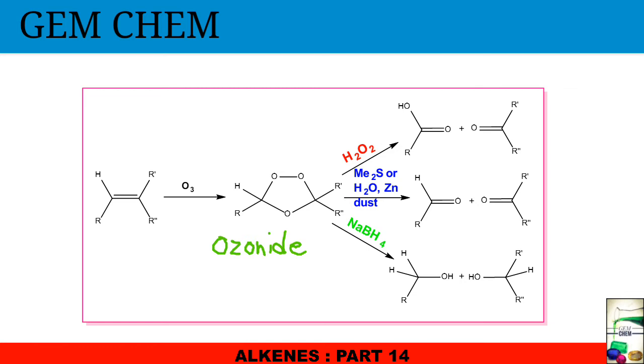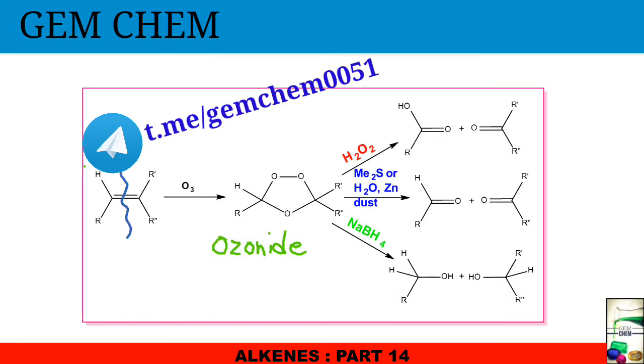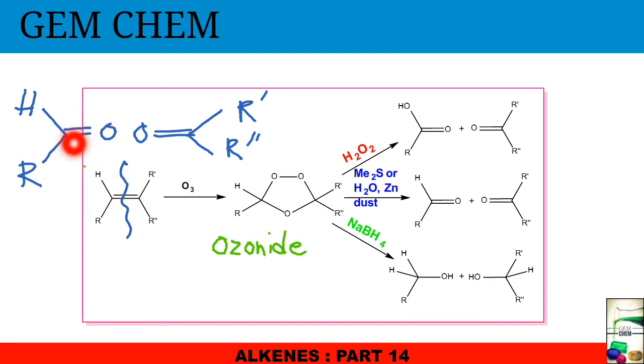Basically a cleavage occurs from in between, and an oxygen is inserted on this side and on this side also, and we get R', R'', and here we get R and H. What is important to understand is that here an aldehyde is generated and here a ketone is generated, because here is a hydrogen. And if we add Me2S or water, zinc dust, then we get this product.